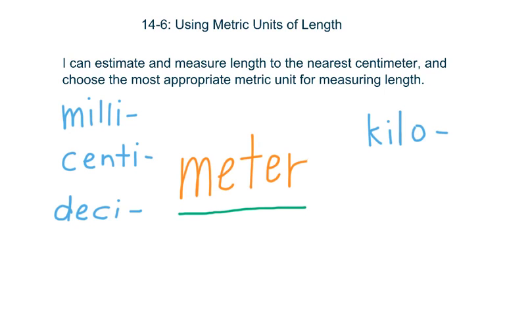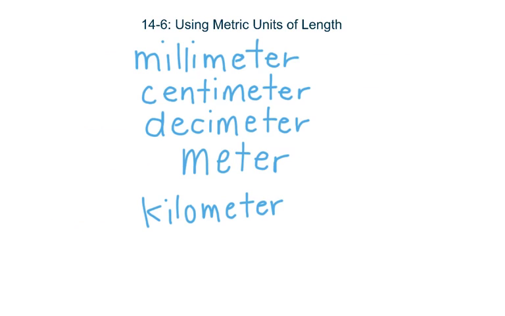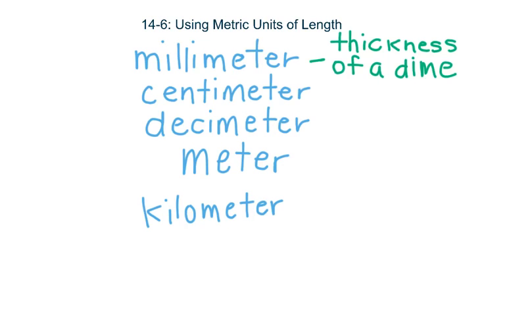Let's organize this into a chart to help us better understand. Here I have arranged each of the units in order from least to greatest. Let's jot down a few notes to help us remember about how big each of these are. Let's say you have a dime. A millimeter is the thickness of a dime. Next, a centimeter is about the size of a ladybug.